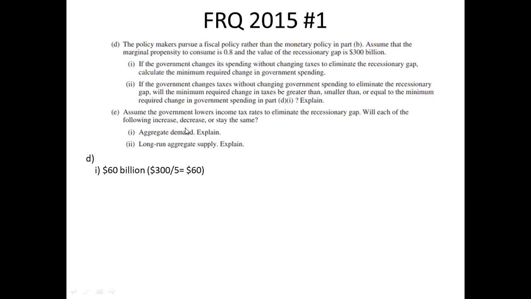So 1 minus 0.8 is 0.2. 1 divided by 0.2 is 5. So in order to figure out how much spending we need to get us to 300 billion, we divide 300 billion by 5 and we get 60 billion. That's the minimum amount of spending we need to start to close our $300 billion gap.